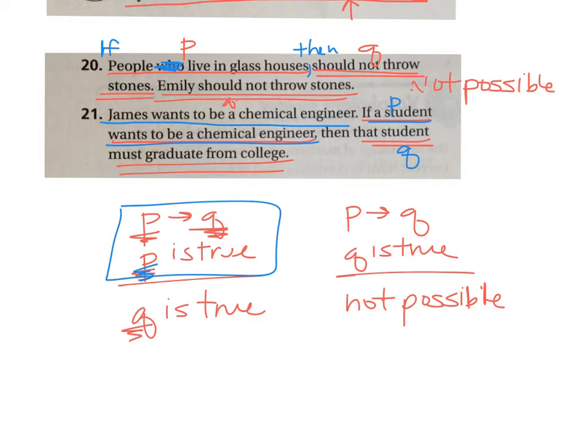Well, if the hypothesis is true, then the conclusion is true as well. So you would say James must graduate from college, okay? So in this case, because James wants to be a chemical engineer, then James must graduate from college, okay?